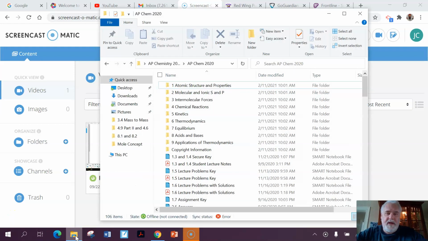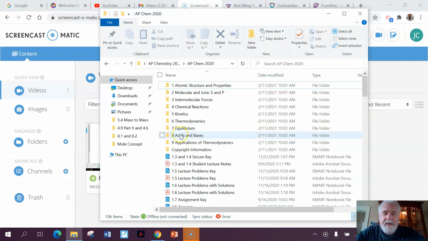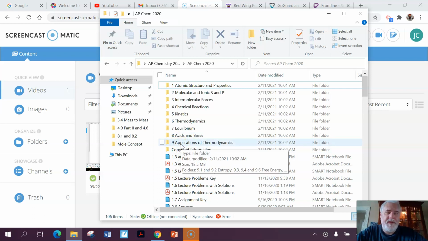All right, so we will start with a quick update here. Here's where we've been, units 1 through equilibrium right there. Just finished, or working on finishing that up right now as you take that take-home test. And as you can see, we're going to be doing acids and bases and then applications of thermodynamics.